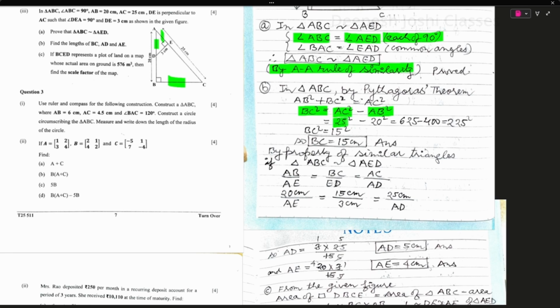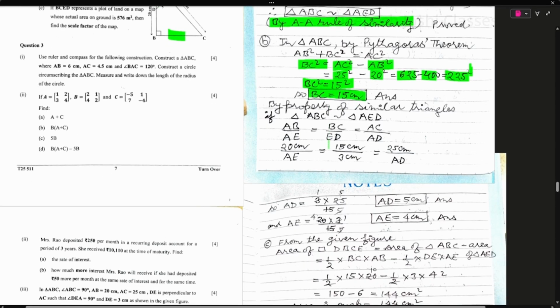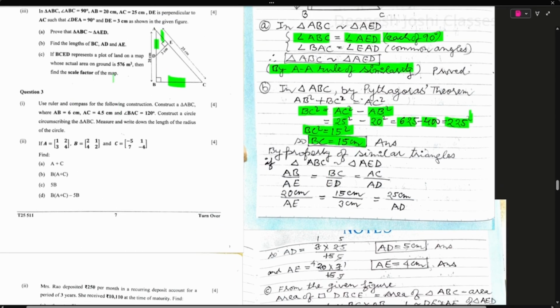Putting value of AC and AB here, on squaring these values, we will get 625 minus 400 is equal to 225. Now BC square is equal to 15 square. On taking square root on both sides, BC becomes 15 centimeter. This is the answer of value of BC here.